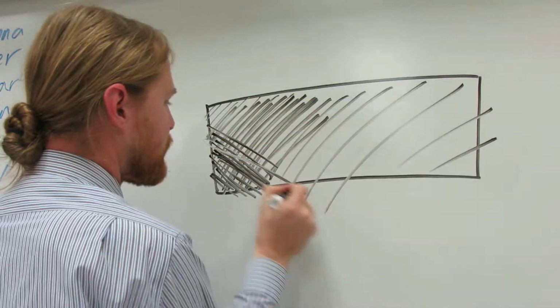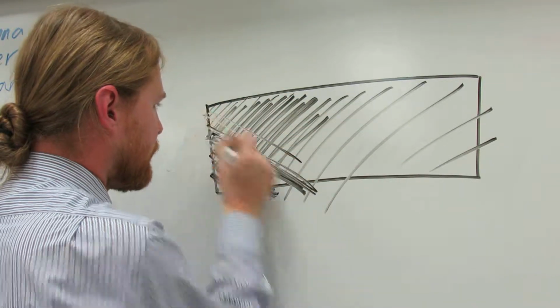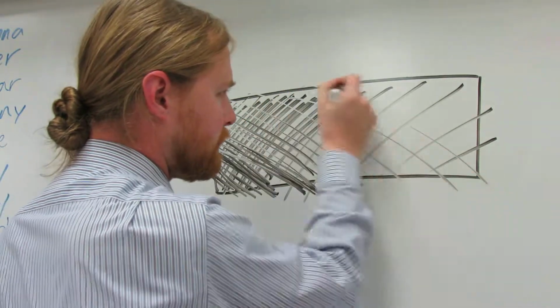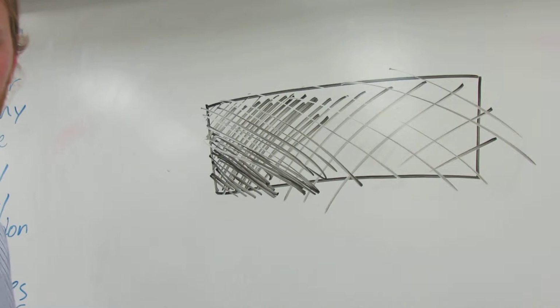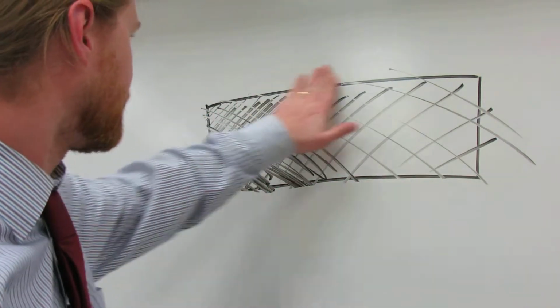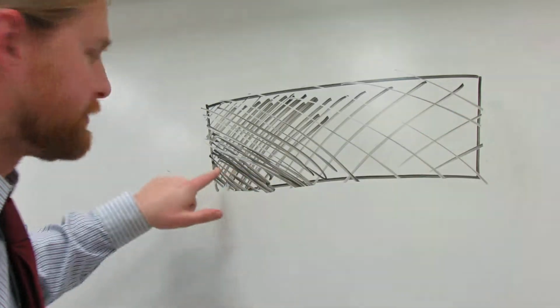This puts the cross in cross-hatching. I'm crisscrossing. So darker, the more lines are in the area, the darker it is. Okay.